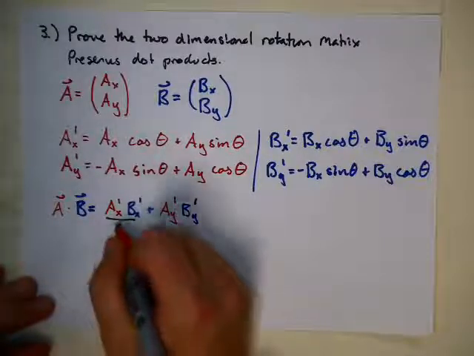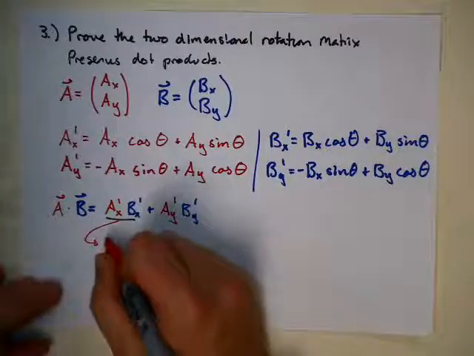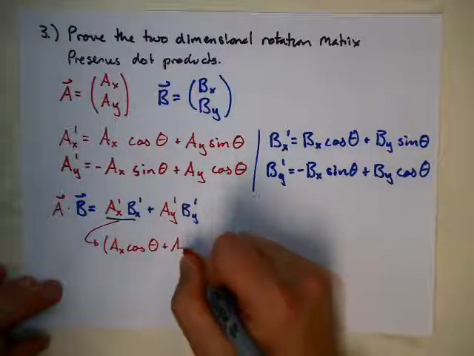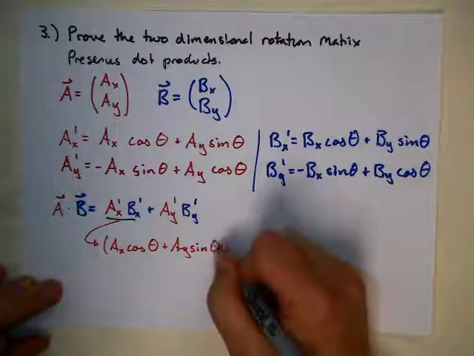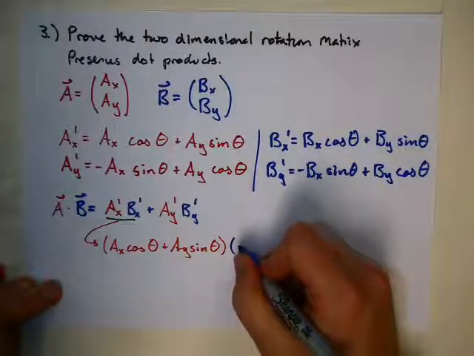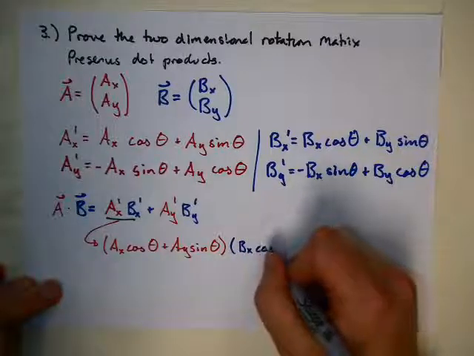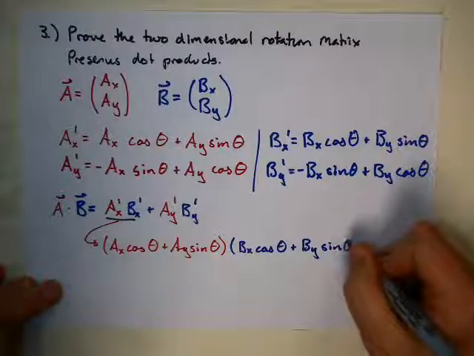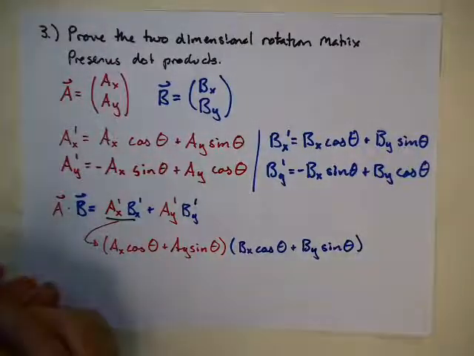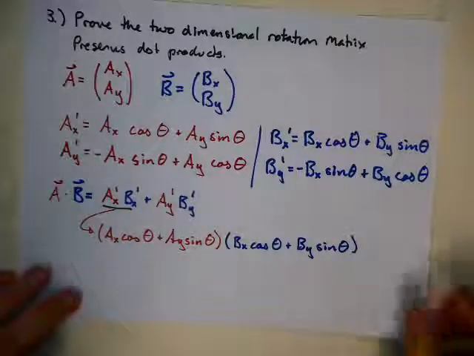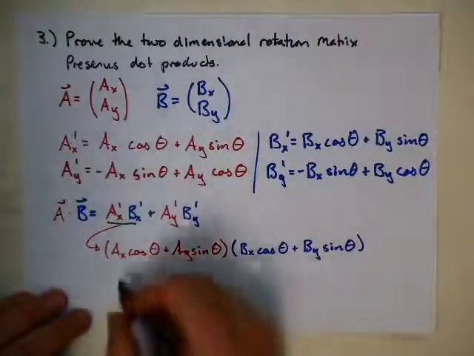This single term is going to give AX cosine, AY sine, BX cosine, BY sine. Now, whenever I multiply these two together, I'm going to get a few terms.